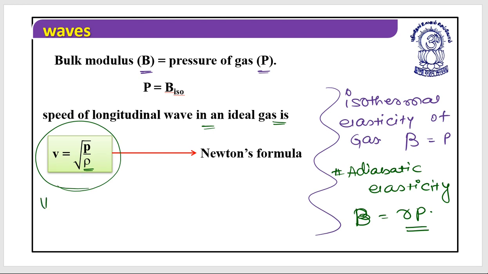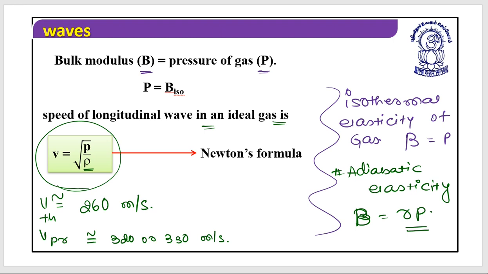If I put in the values of pressure and density, the velocity of the sound wave we get in air is approximately 260 meters per second as the theoretical value, while the practical value is approximately 320 or 330 meters per second.